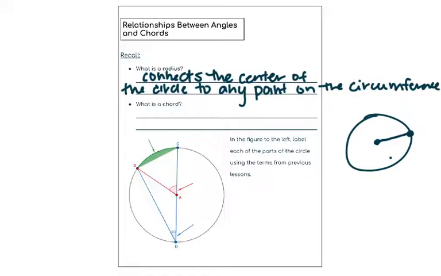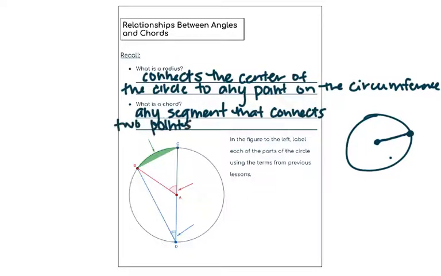A chord is not going to connect the center, but a chord is going to be any segment that connects 2 points on the circumference.